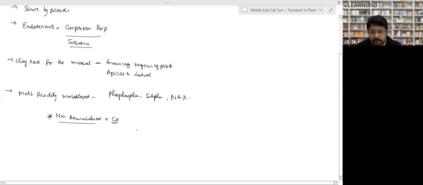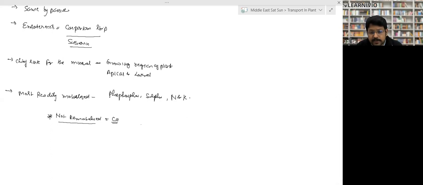Whenever a plant root absorbs calcium, it is directly sent to those parts where meristematic activity is taking place, meaning cells are dividing. So newly forming parts, right? Because meristematic cells require a large amount of calcium for cell division. So calcium gets mobilized from the root to the top of the plant.